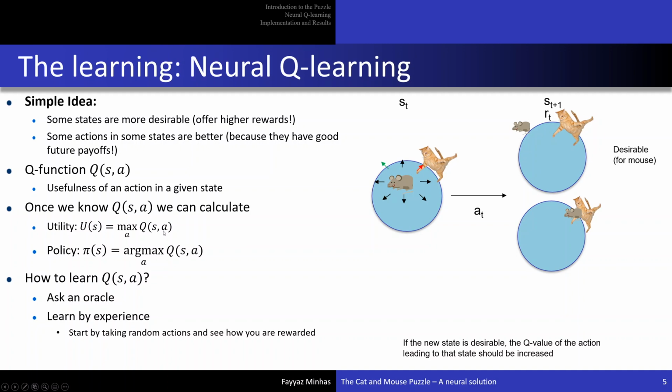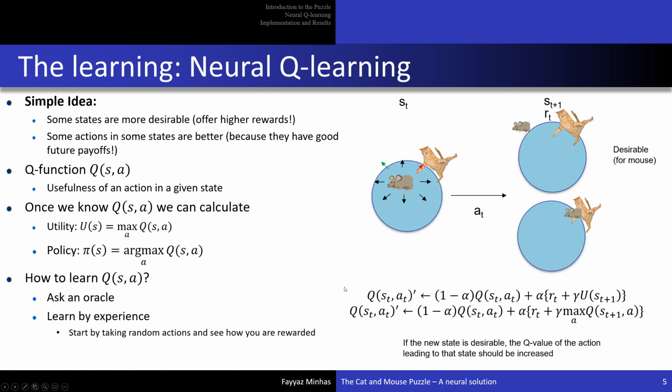If the new state that we move to, by executing a particular action in the current state, is desirable, then the Q value of that action in the previous state should be increased because it has led to a better state. And that is a simple idea implemented using what are called Q update equations. So we start off with a random Q function, and then we constantly iterate on it to improve it based on the rewards that we see.